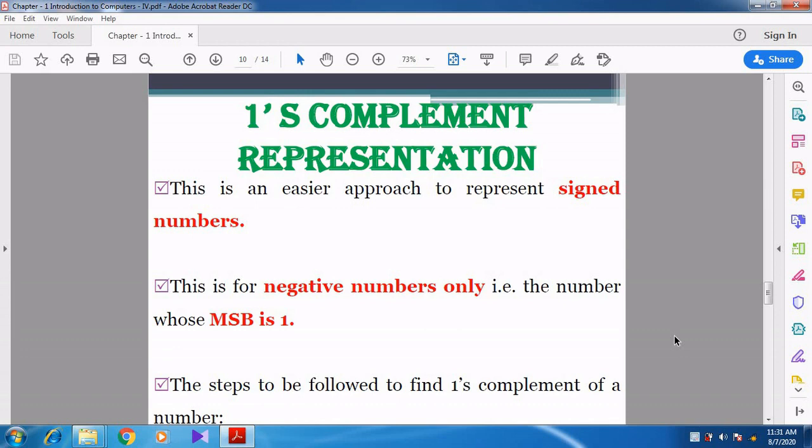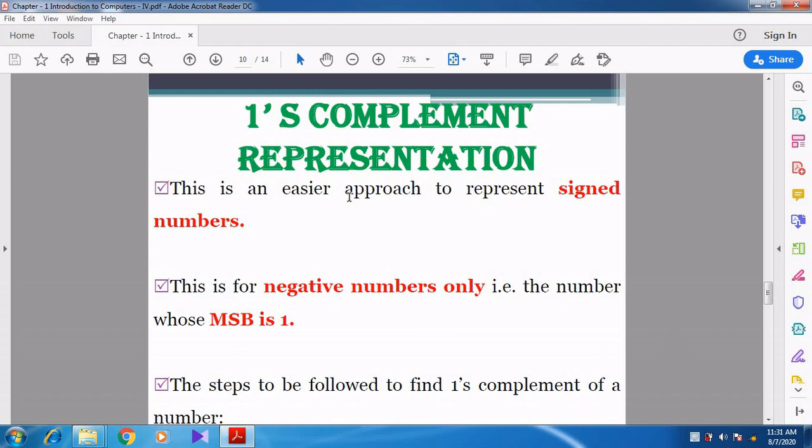In an 8-bit binary number, if the most significant bit is 1, that represents a negative number. If the MSB is 0, that represents a positive number. That's all. The other 7 bits are used to store the values.